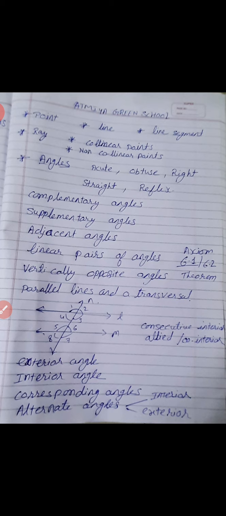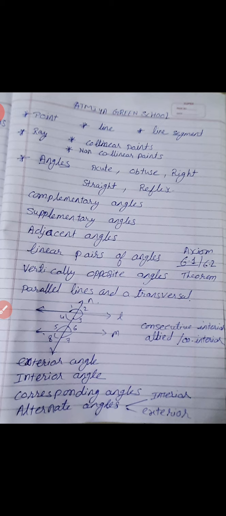Okay, here lines L and M are cut by line N. There are two lines, L and M, and who is cutting them? Line N. So line N is a transversal of lines L and M. If one line cuts two lines, then there are a total of 8 angles made. These 8 angles we have defined as exterior angle, interior angle, corresponding angle, alternate angle.